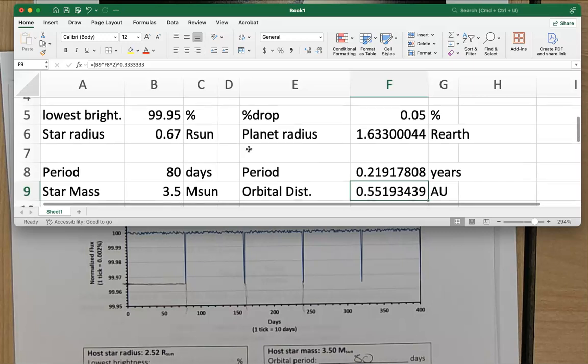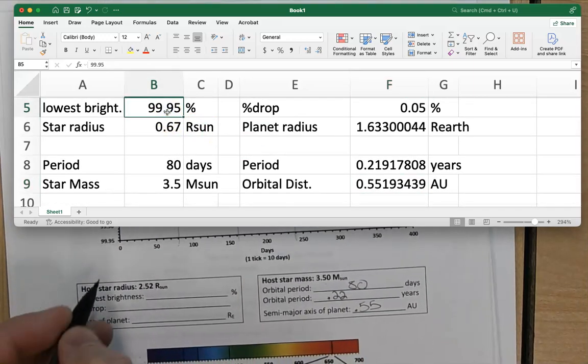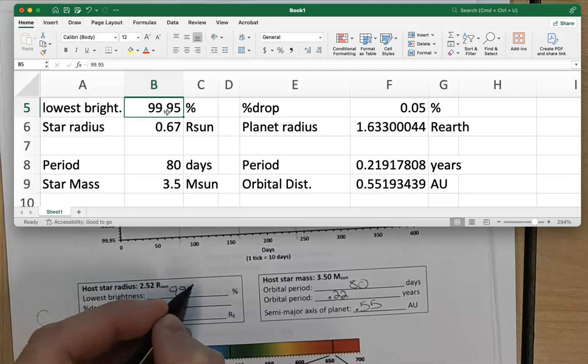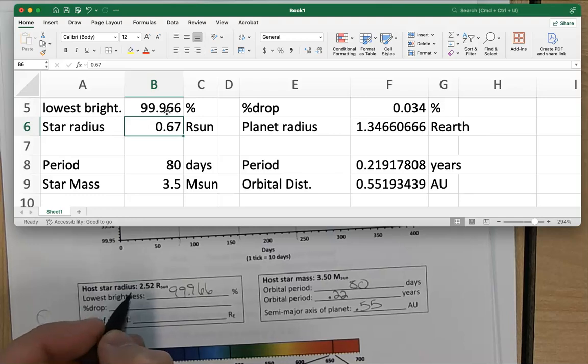So the lowest brightness is 99.966%. That's a brightness drop of 0.034%.